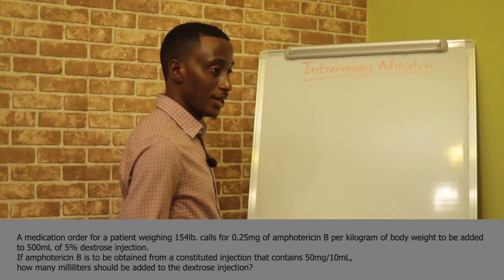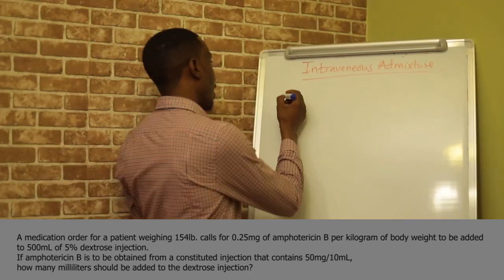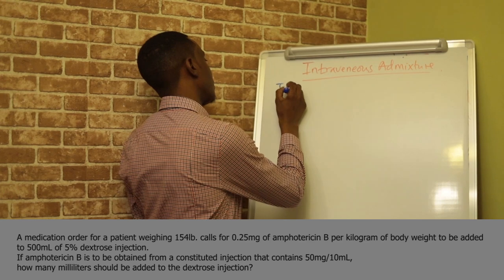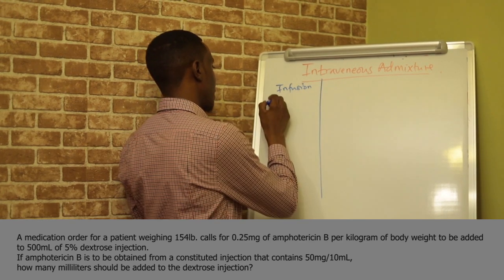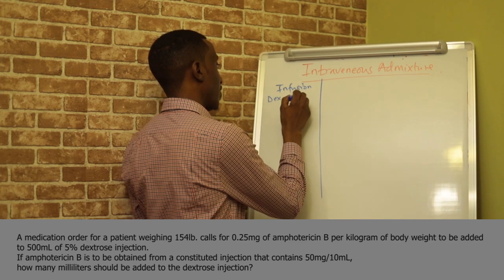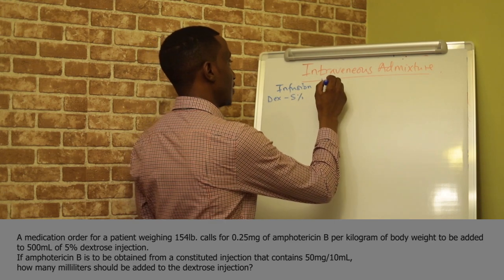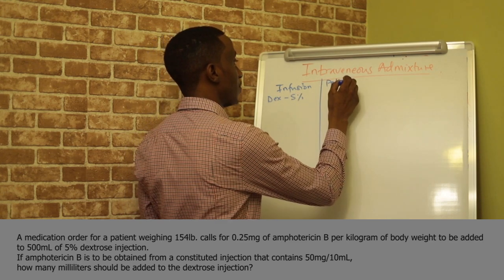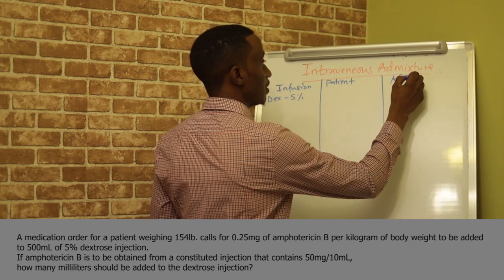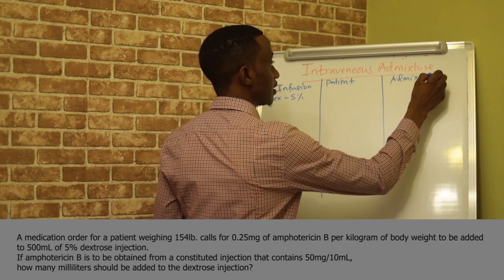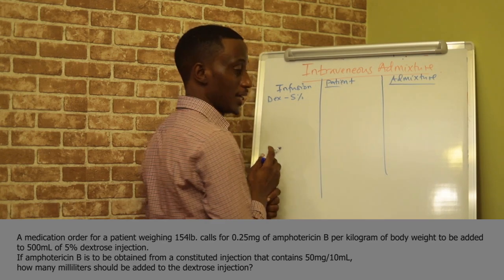So, our infusion, this is dextrose 5%. Then we shall have information about the patient and information about the substance to be added into the infusion, that is an admixture.